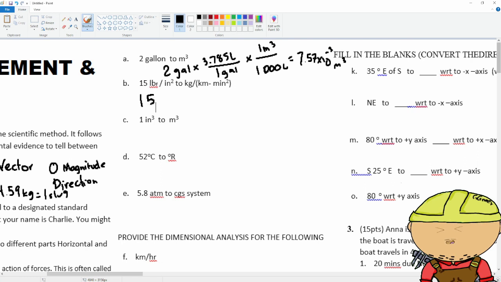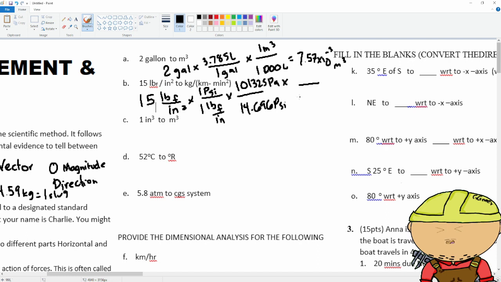So 15 pound force per inch squared. That is a unit of pressure. Pound force per inch squared is 1 psi. 14.696 psi is 101,325 Pascal, and 1 Pascal is equal to 1 kilogram per meter per second squared.